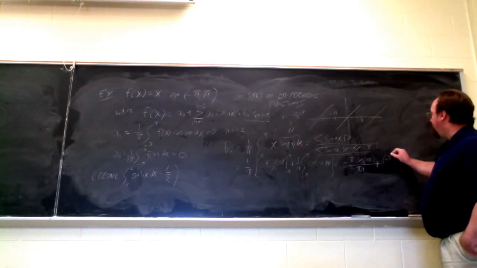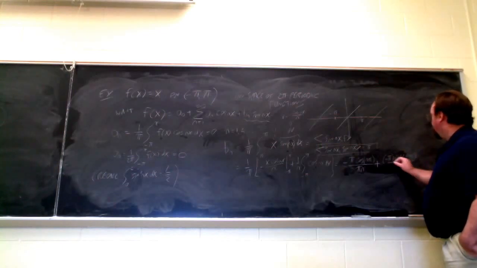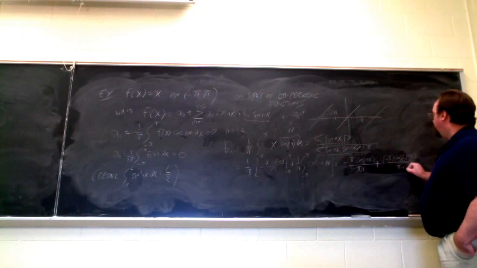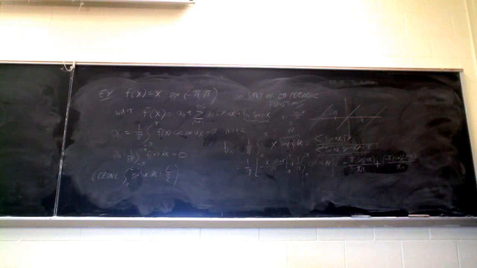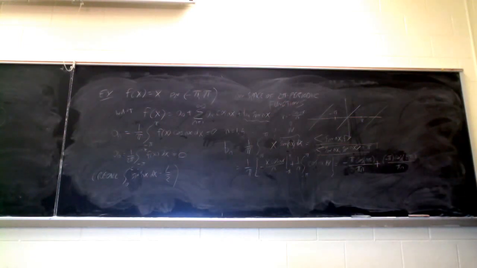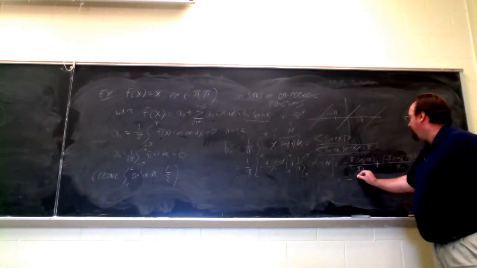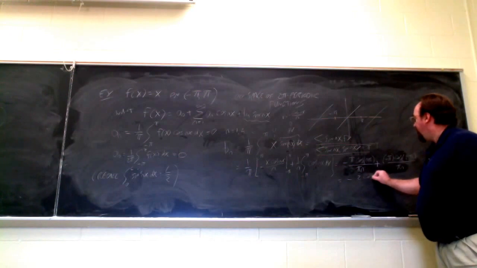Then I have minus pi cosine minus n pi over pi n. Cosine is an even function, so cosine minus n pi is the same as cosine of n pi, so I can erase that minus. The two terms add together, and you get minus 2 cosine n pi over n.